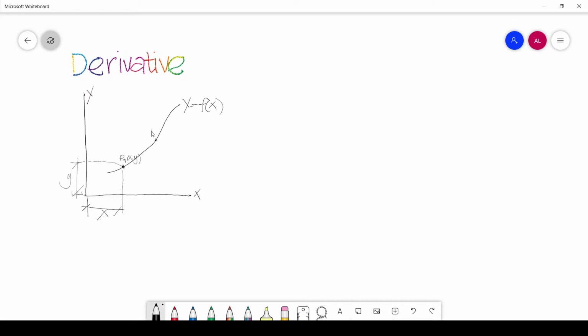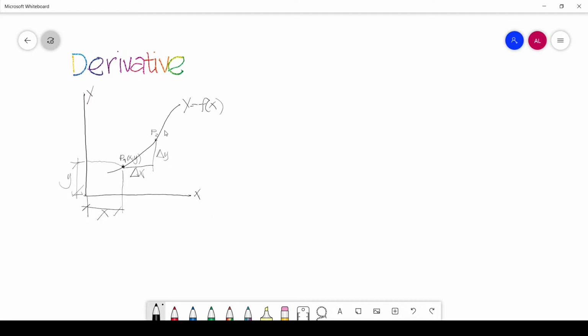Between point 1 and point 2, we have the horizontal distance delta x and the vertical distance delta y.